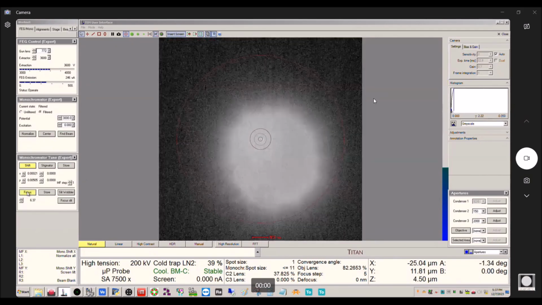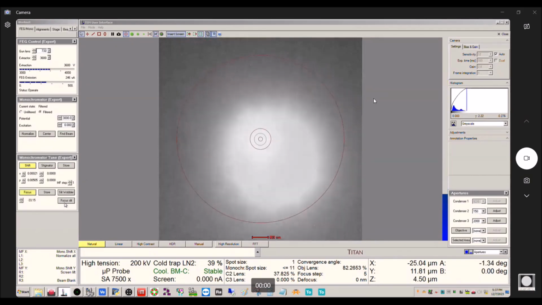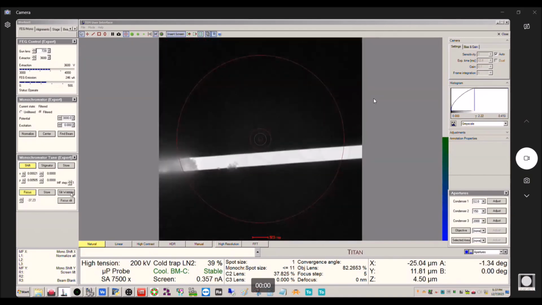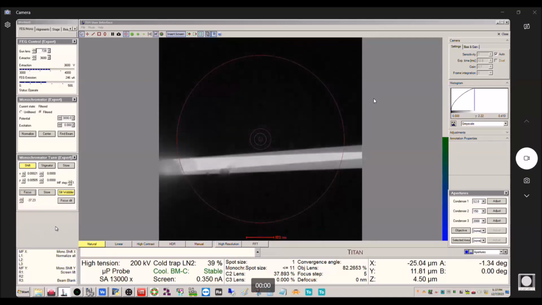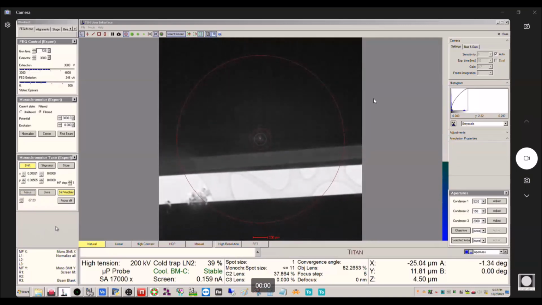We put a slit in. I'm going to spread this out a little bit here. We wobble the slit. We minimize the slit movement with C2 like that. Then we push this to make sure we don't adjust C2 anymore.